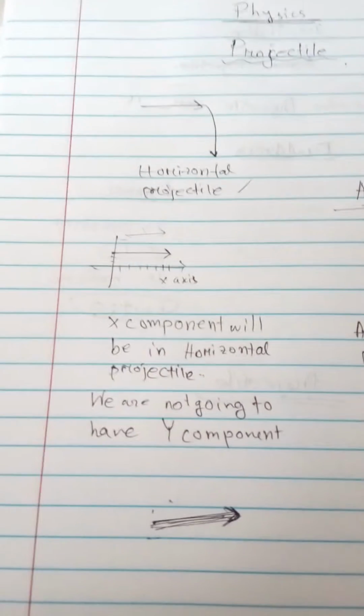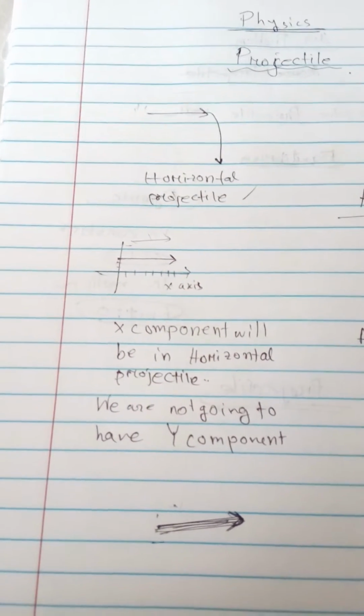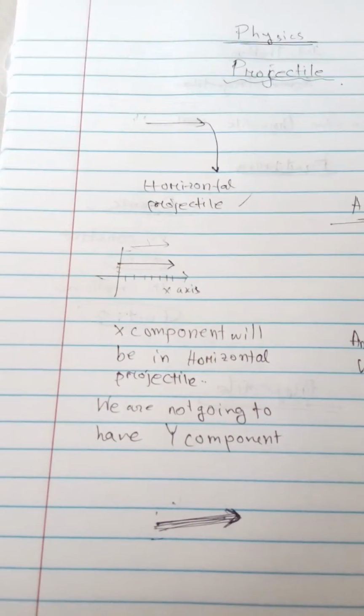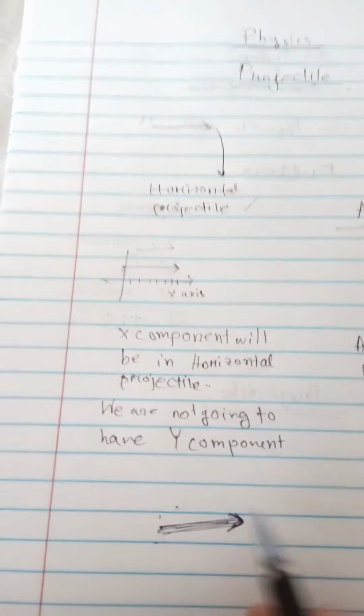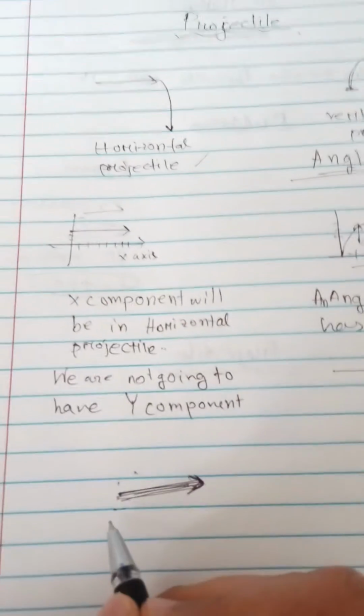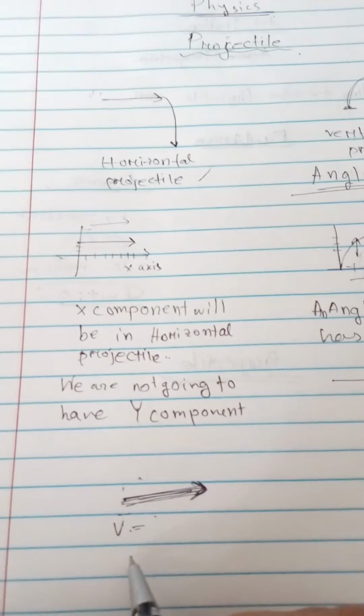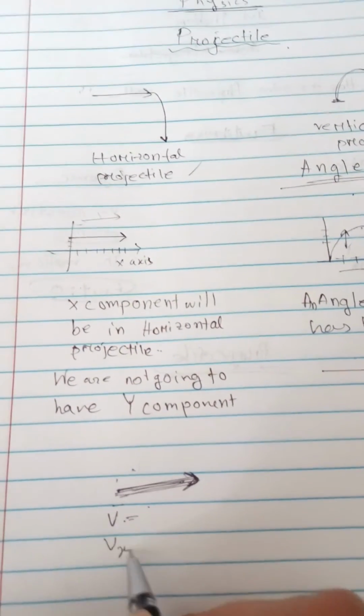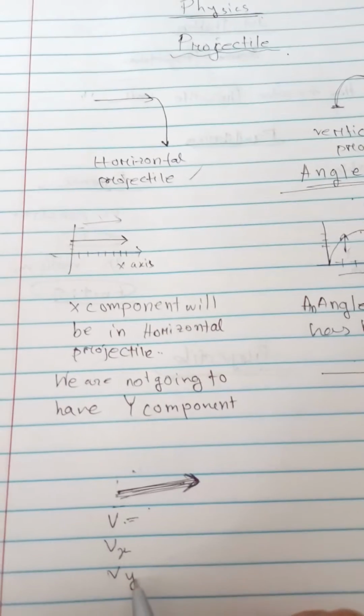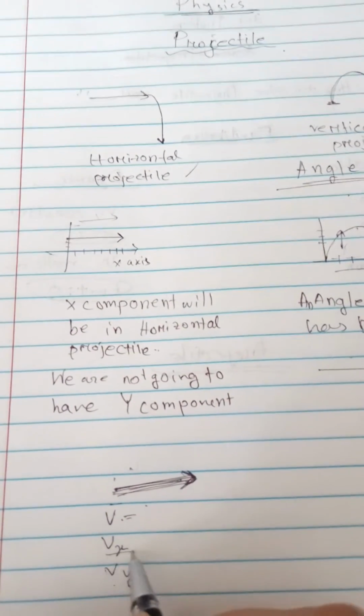There is no question of which axis it is going along. If we consider v, we consider just v, we don't consider vx or vy. So what are vx and vy?